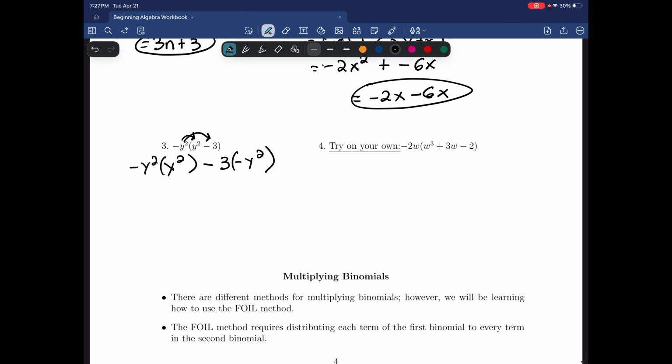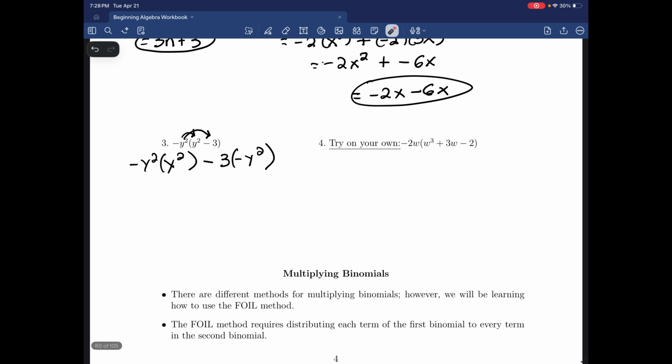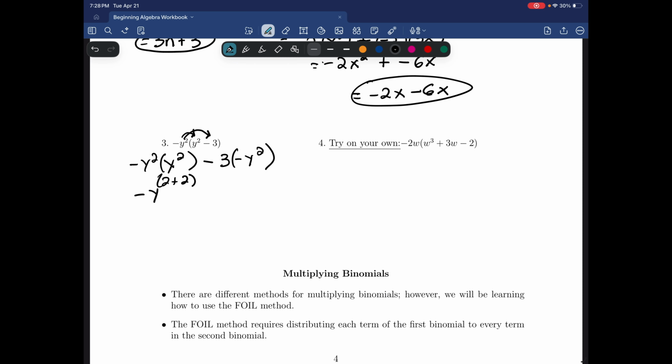And when we do that here for this first term, we're going to have -y, and then because we have the same base, they're both y's here, we can combine those and add those exponents. So we're going to have y to the 2 plus 2 by using that power rule.